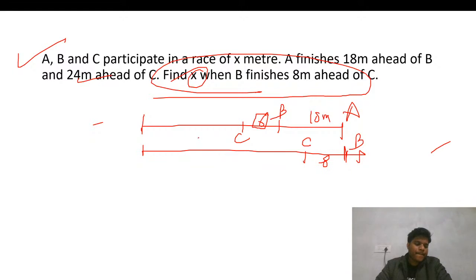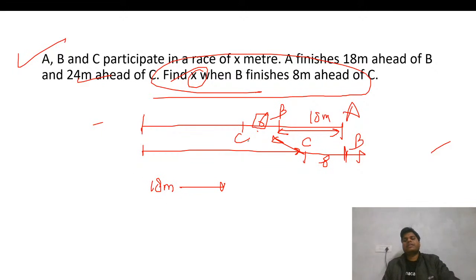Now instead of making any equation, this question is very simple. Just try to observe this relation, this ratio that I'm going to tell. When B has covered 18 meter, the difference between C and B has increased by 2. Is this clear or not?